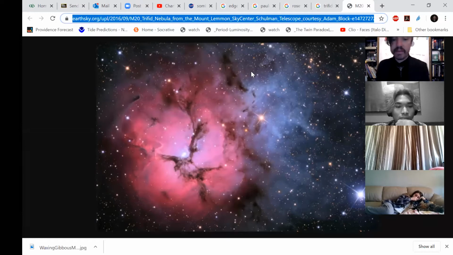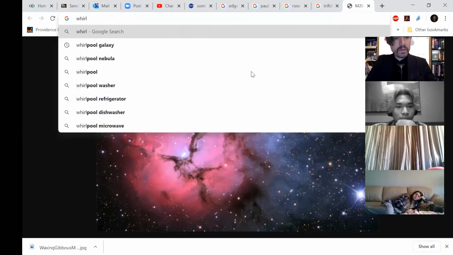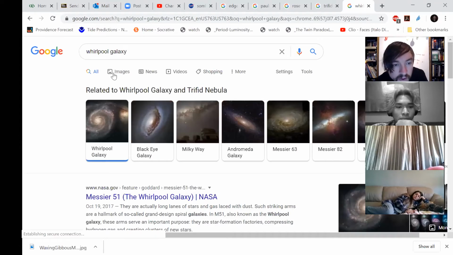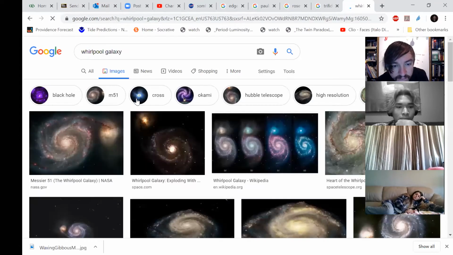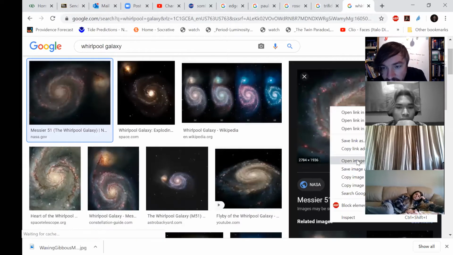One of the interesting demonstrations of H2 regions is to look at a picture of the Whirlpool galaxy. The Whirlpool galaxy is a face-on spiral galaxy that's devouring another smaller one.